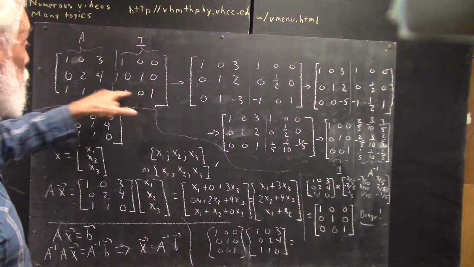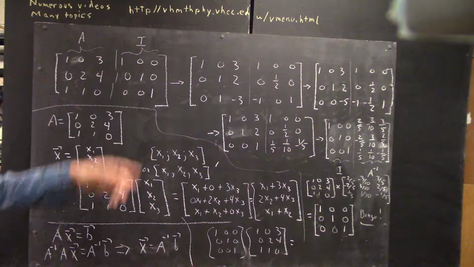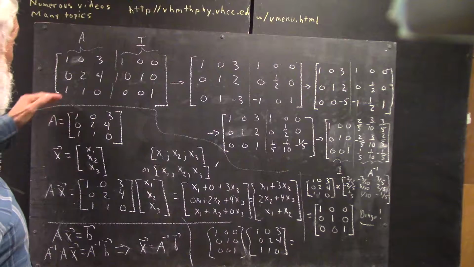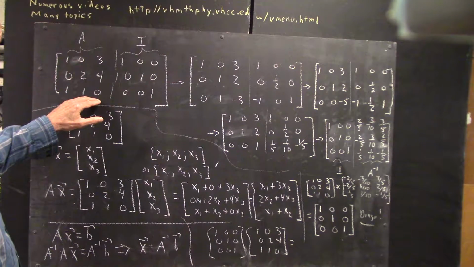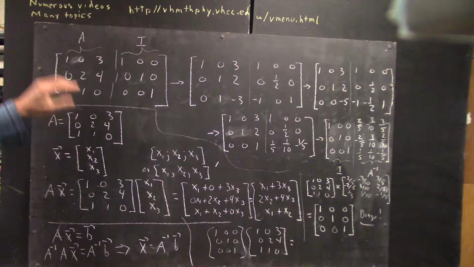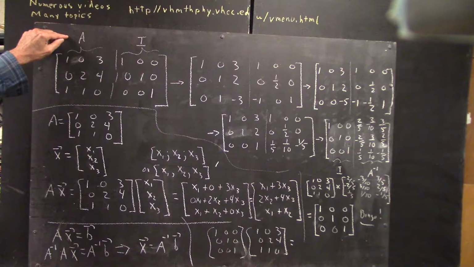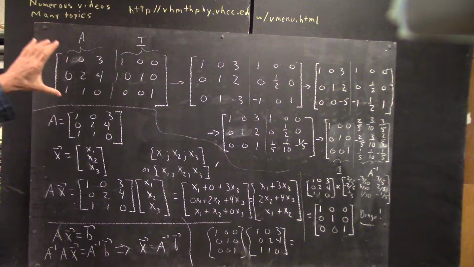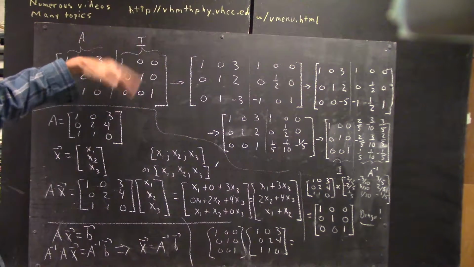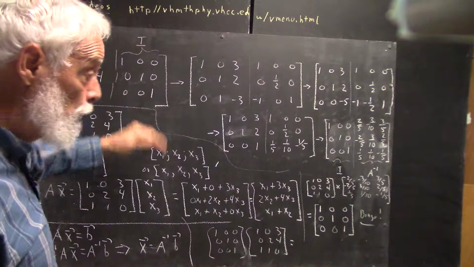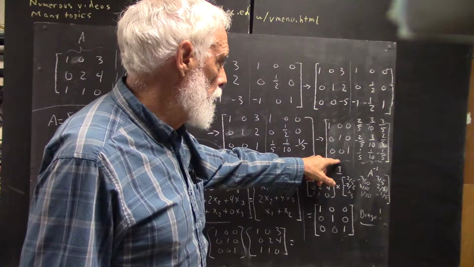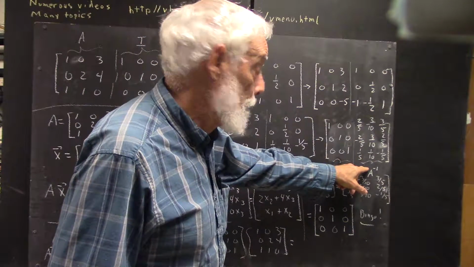If it doesn't reduce to this matrix, that means you're going to have a row of zeros, okay? And if you get a row of zeros over here, you can't reduce the A matrix to the identity matrix, and that means that the matrix doesn't have an inverse. Because what you get when you've reduced this matrix to the identity, and of course you're doing the same operations to the whole row, you're going to end up with the identity matrix here and the inverse matrix here.